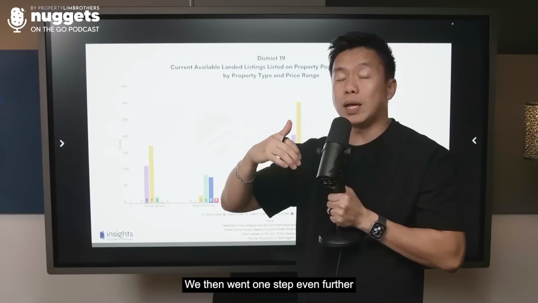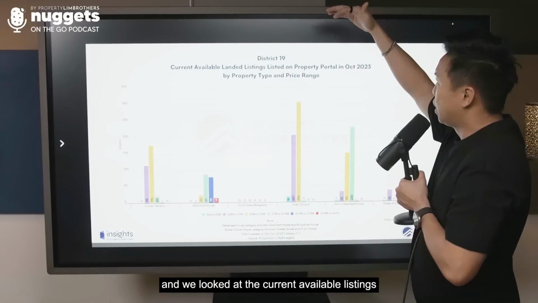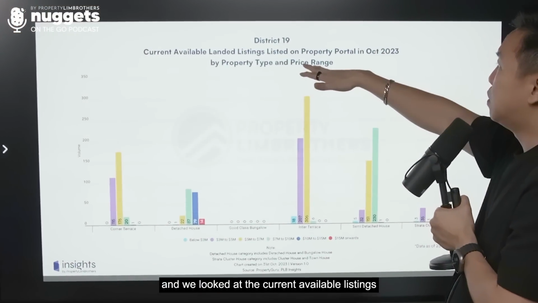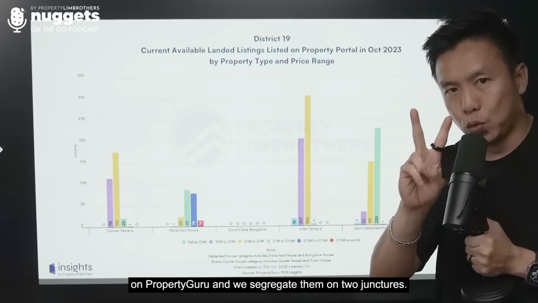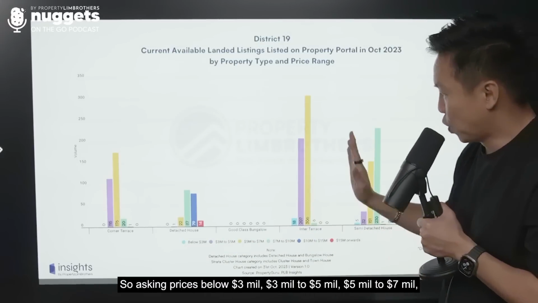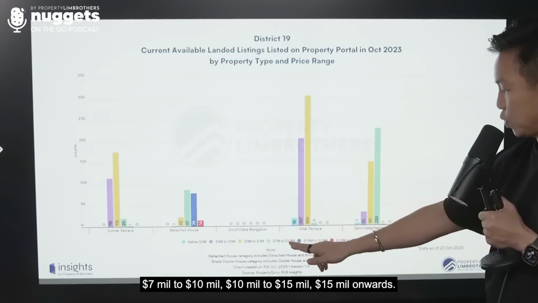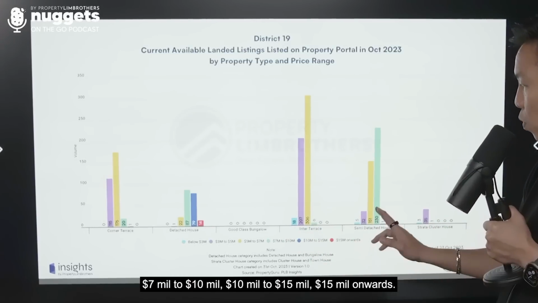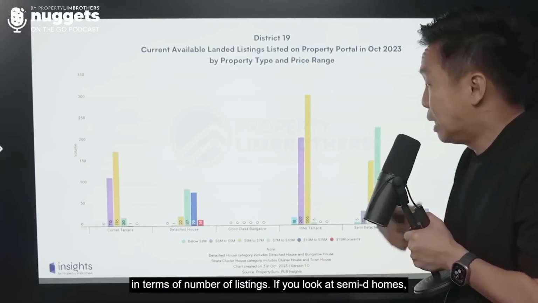Now, next chart. We went one step even further, and we look at the current available listings on PropertyGuru, and we segregate them on two junctures. Number one, asking prices: below 3 mil, 3 to 5, 5 to 7, 7 to 10, 10 to 15, and $15 million onwards, and the type of properties for sale right now in terms of number of listings.